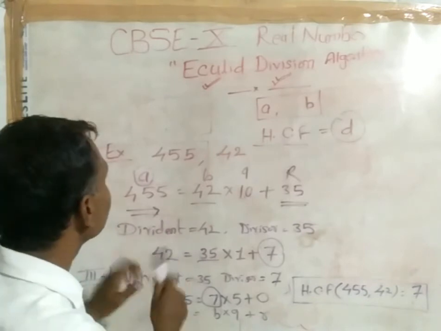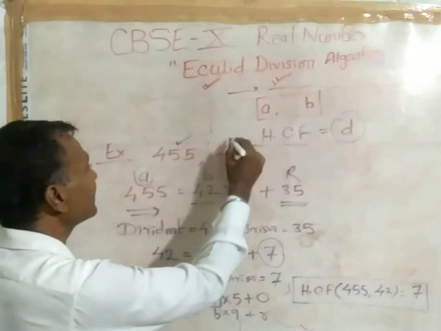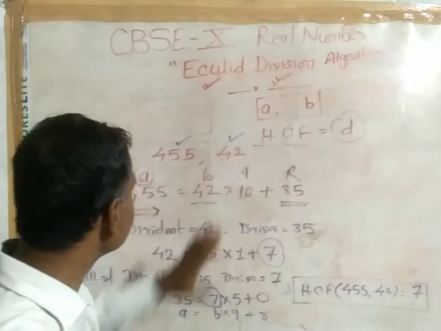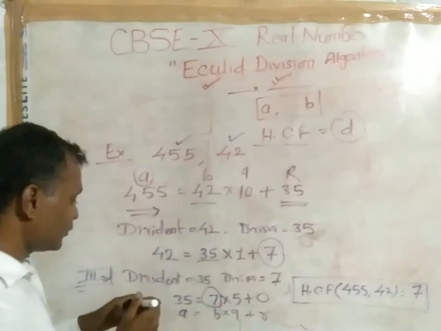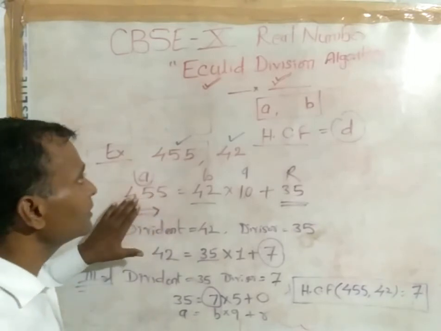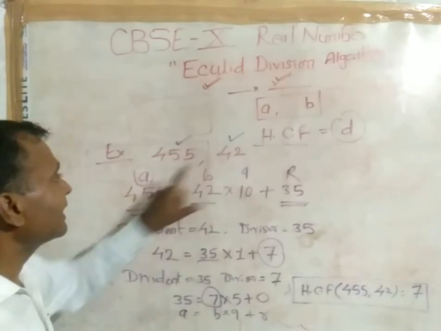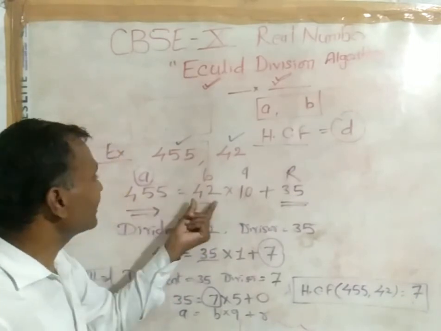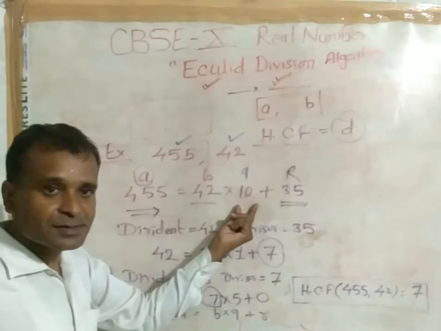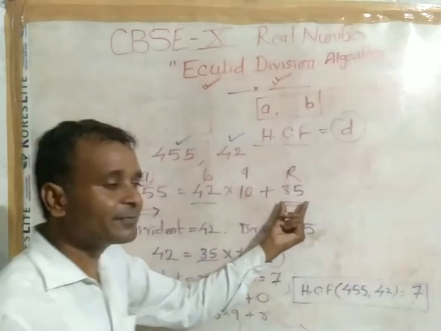We have to find the HCF of 455 and 42. These are two numbers. First step, we take 455 as the dividend and 42 as the divisor. We divide 455 by 42, 10 times, and get remainder 35.